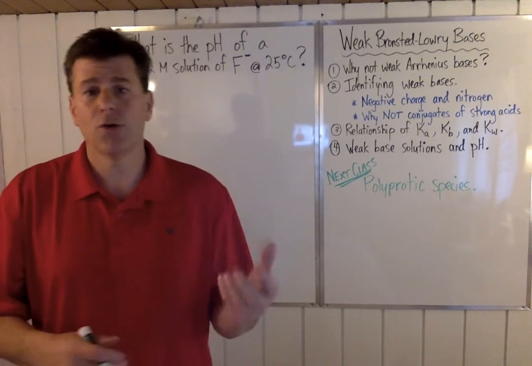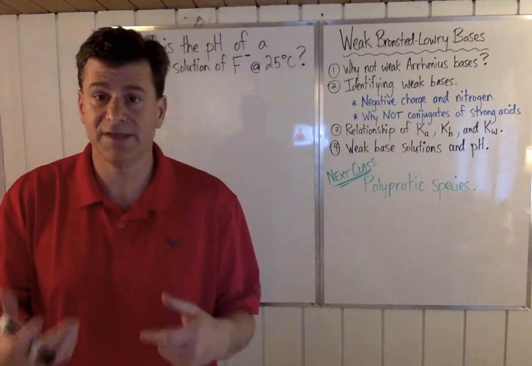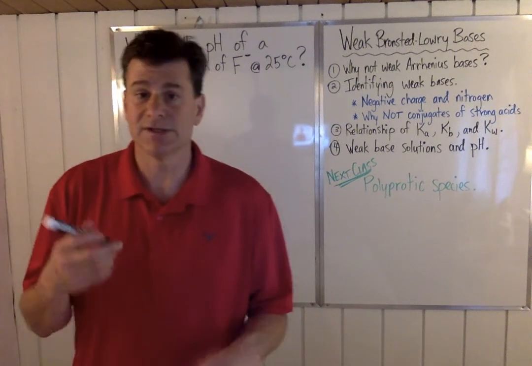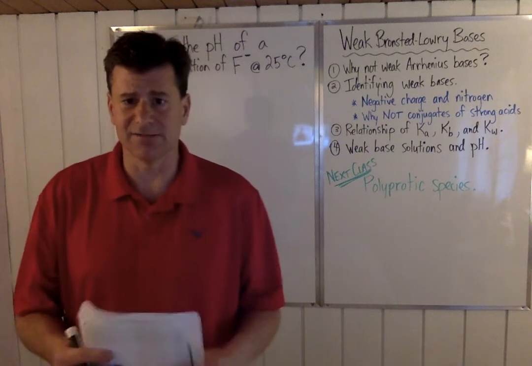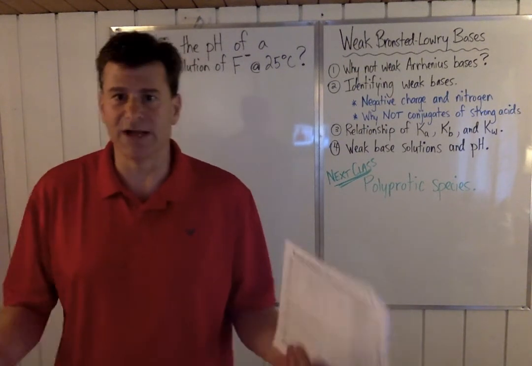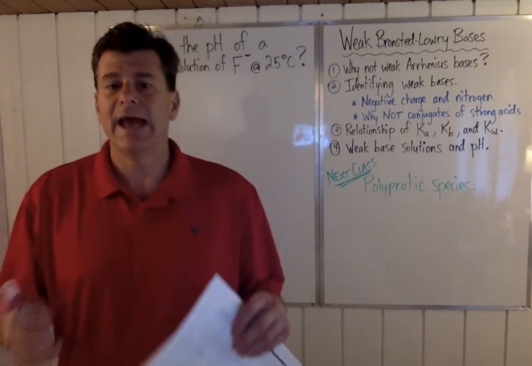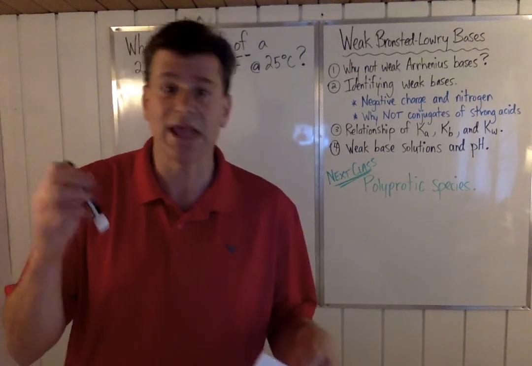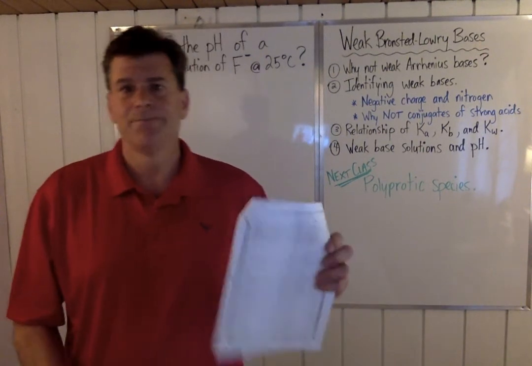First things first, it's not challenging to figure out what this thing is. It's F minus, it has no H's, so whether it's an acid, that's out of the question. That should leave your head. It can't be an acid, it hasn't got an H. F minus has a negative charge, so it fits into that category of a possible base.